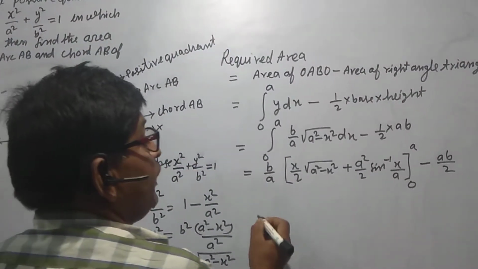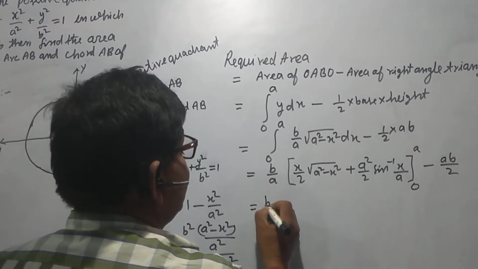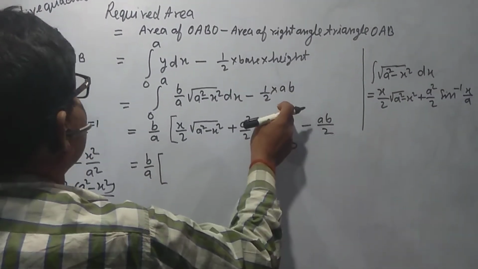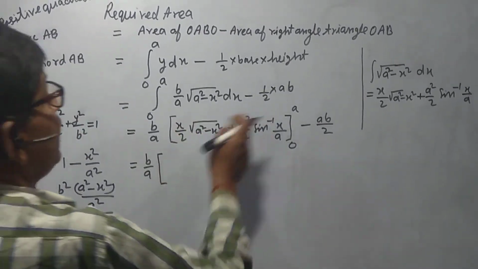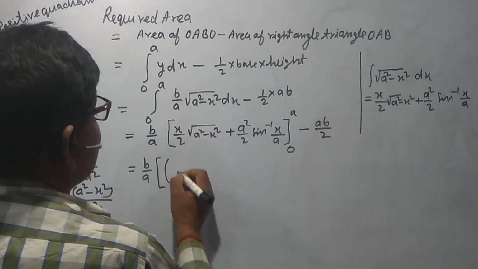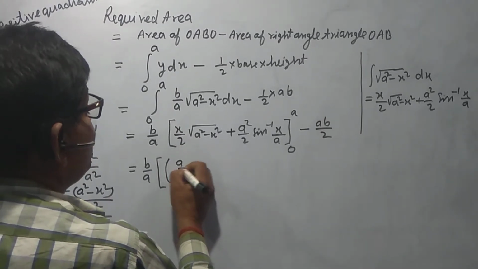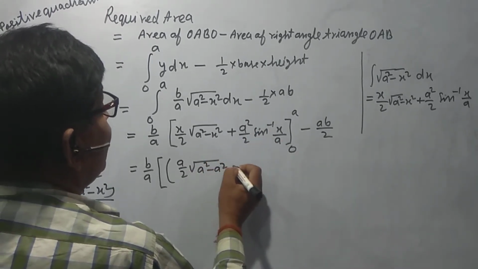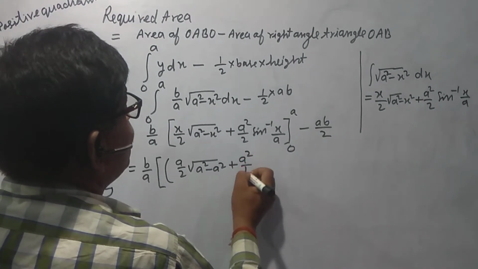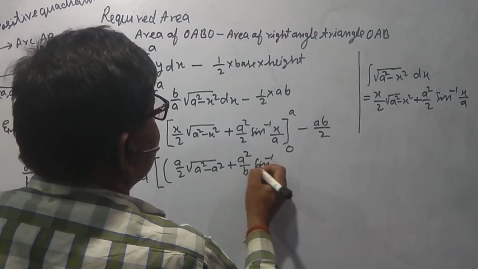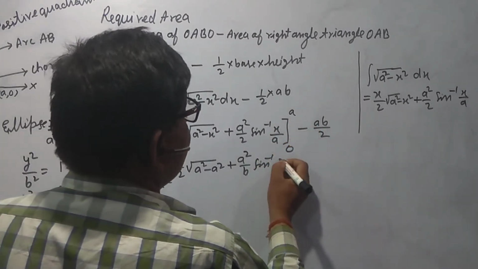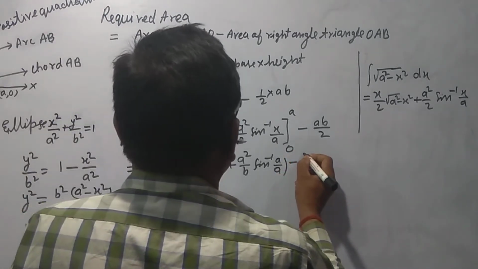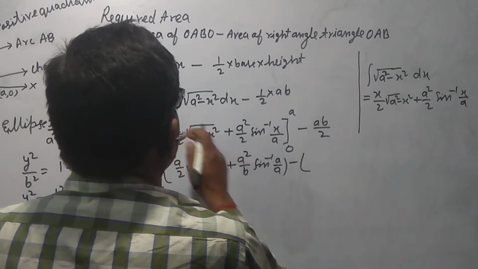Now putting the value of b by a, and putting the upper limit a, x is replaced by a: a by 2 under root a square minus a square plus a square by 2 sin inverse a by a, minus putting the lower limit x equal to 0.